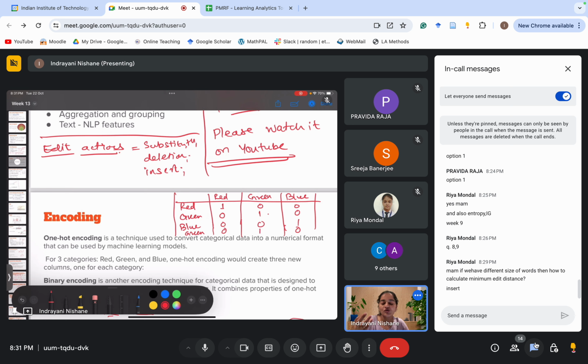You count all these three actions, how many times you perform each. That will give you the minimum edit distance, if the word sizes are different.